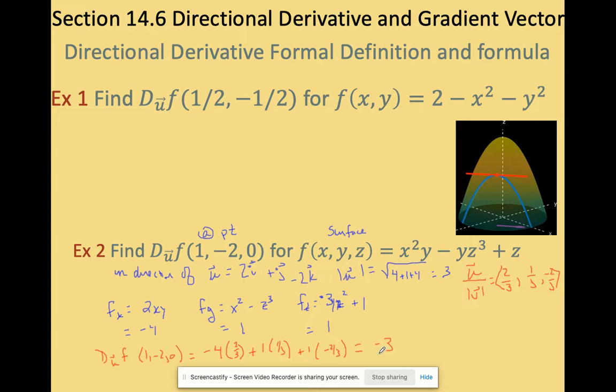Now remember, this is a directional derivative. It's still a slope. Think of it kind of like over 1.